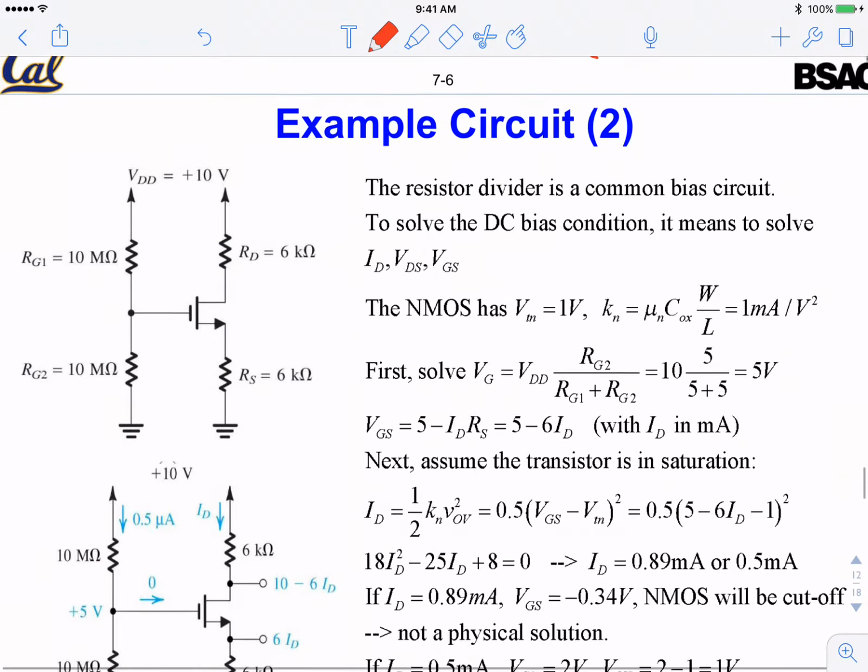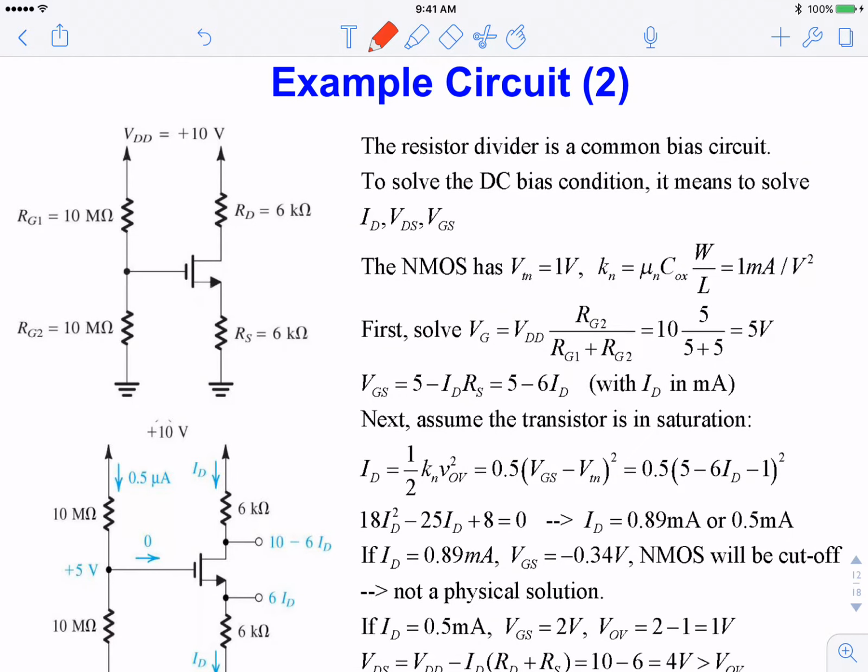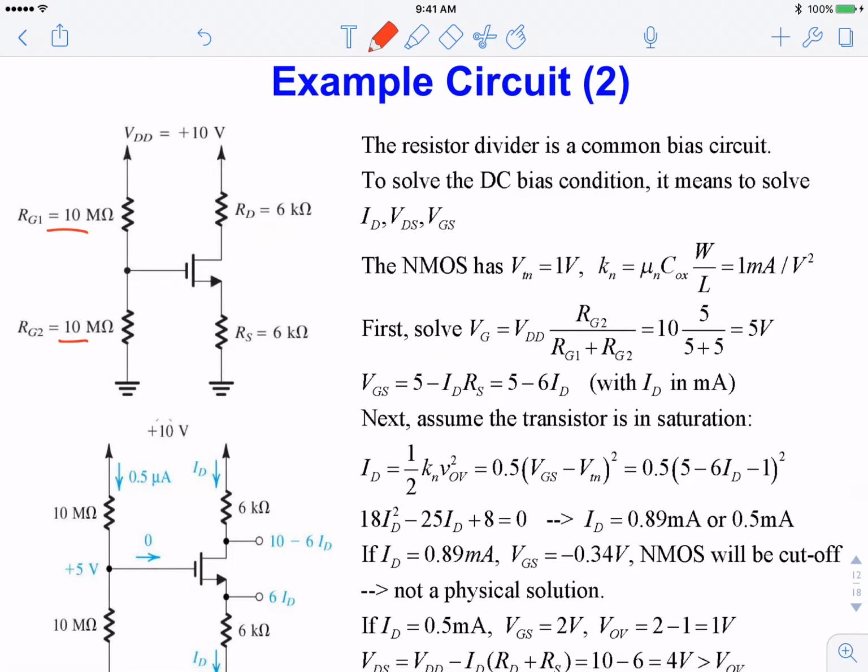Okay, there are a few more examples you can practice. This is back to analyzing a circuit. This is a common circuit for discrete transistors. It is kind of similar to the touch sensor that you are building. So you have two resistors here. These two resistors set up VG.